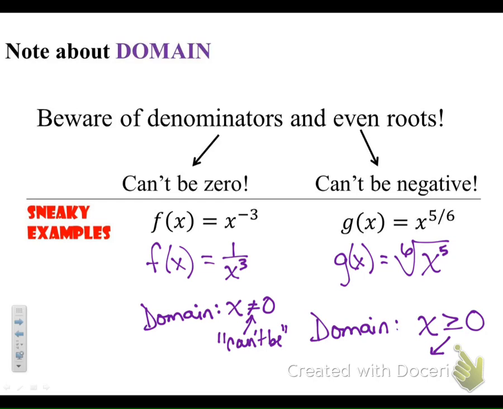So it's got to be bigger than or equal to 0. So when I say can't be negative, this says can't be negative.